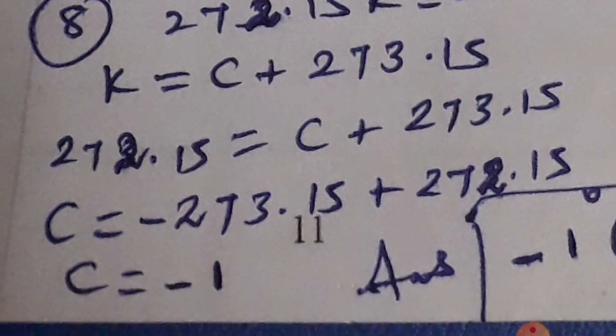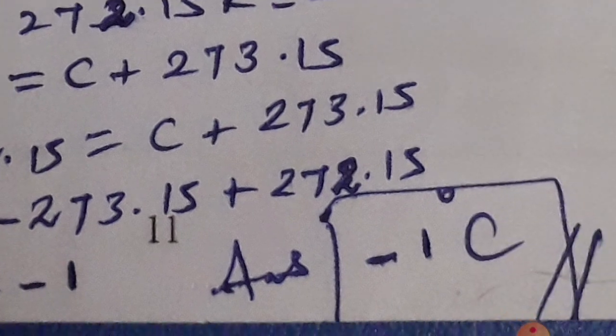This is your question, children, and you need only C. See here, plus 273.15 coming to this side becomes minus 273.15, plus 272.15. So reducing the values, you get minus 1 as the correct answer. So you write minus 1 degree Celsius. This is your final answer.